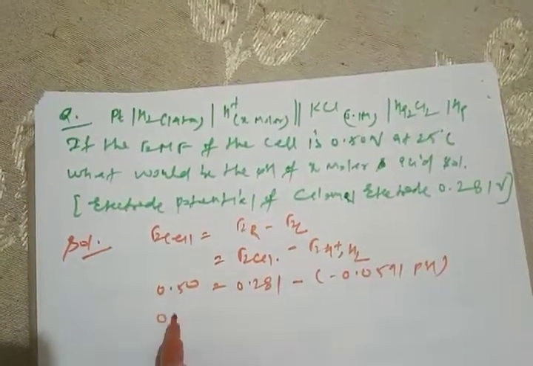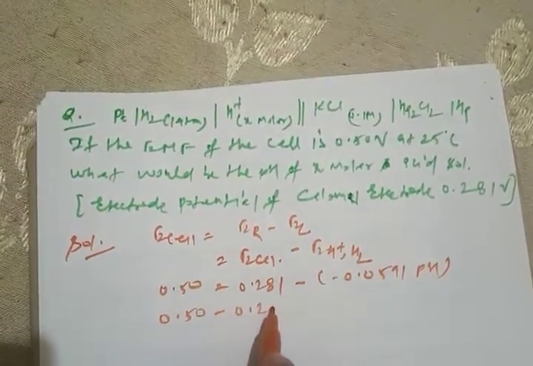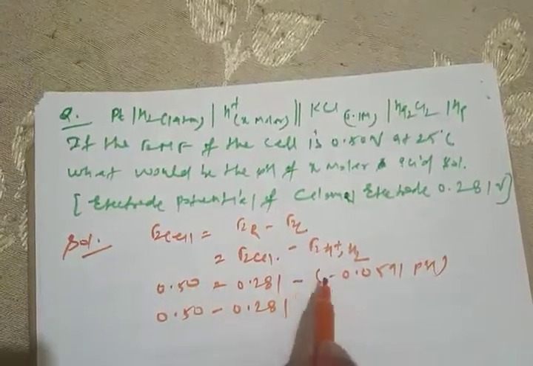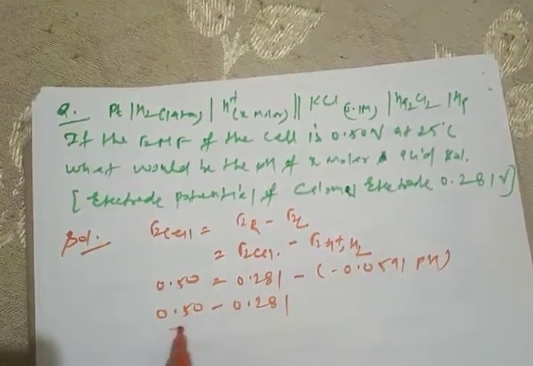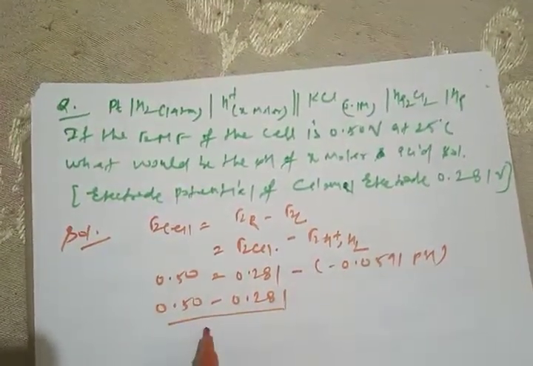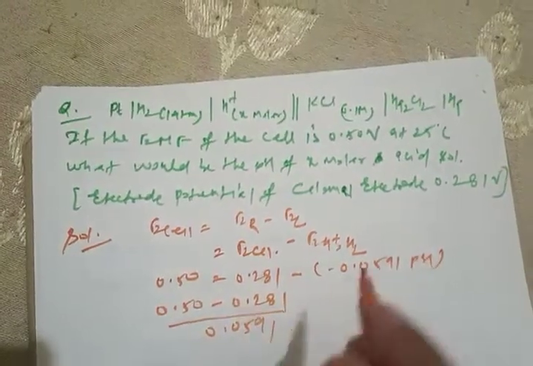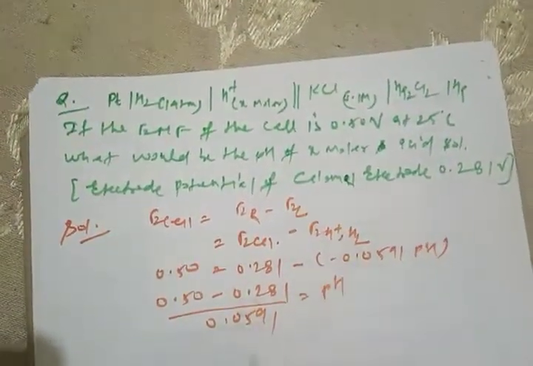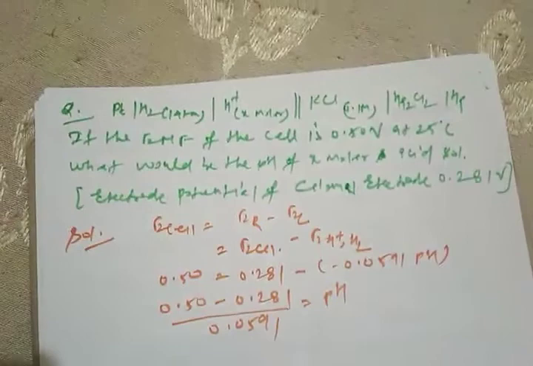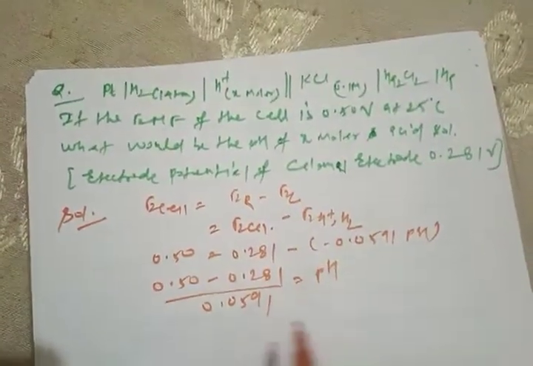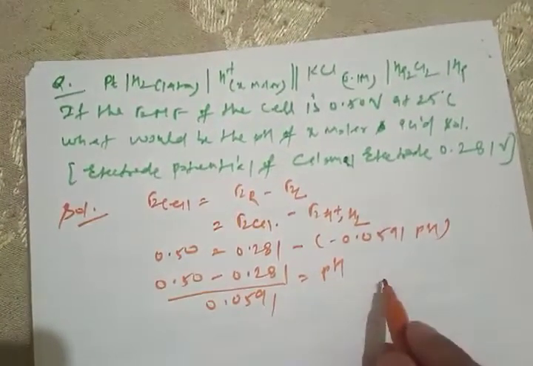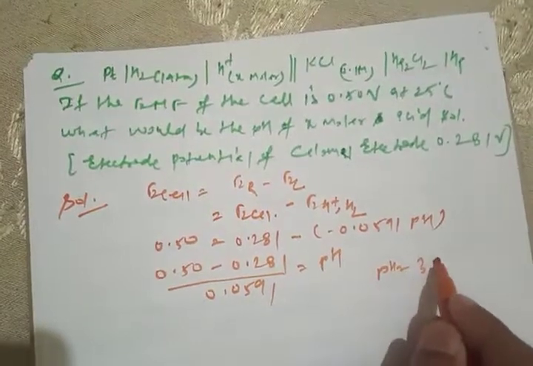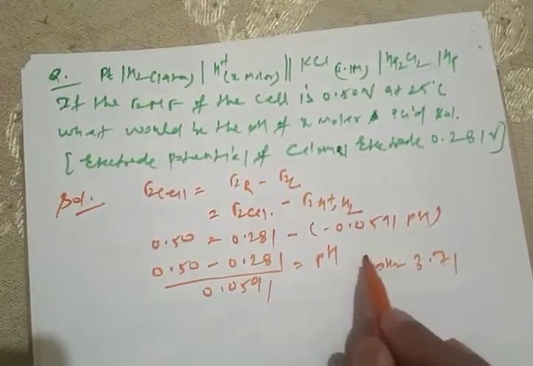So this is nothing but 0.50, minus 0.281, and this minus is going to be plus, divided by 0.0591 equals pH. If you solve this, this will give a value of 3.71. So this is your answer.